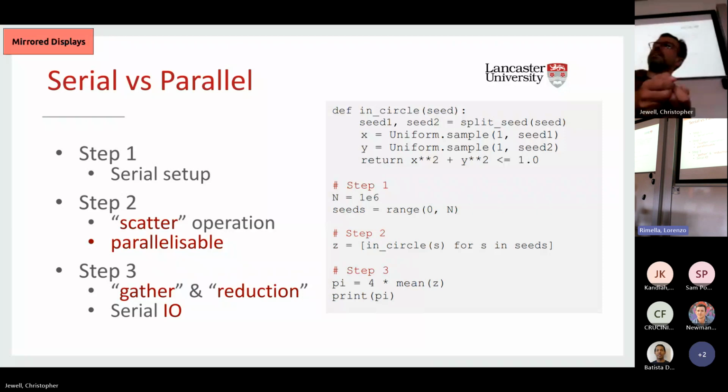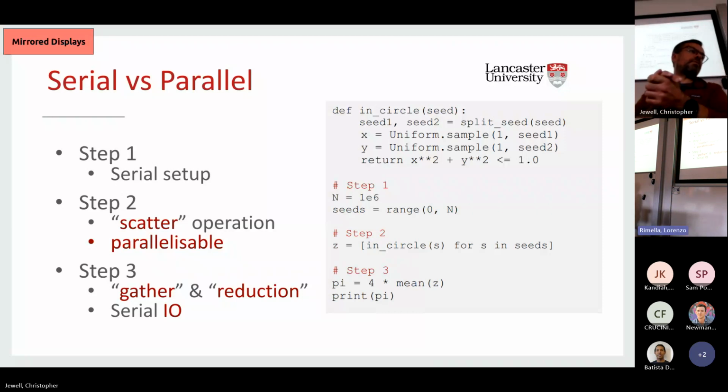And the reduction is taking this vector of a million truths and falses and essentially taking their mean, reducing them down to a scalar. So you'll see those terms scatter, gather, reduction appear all over the parallel computing literature, and it's worth really knowing what they mean.